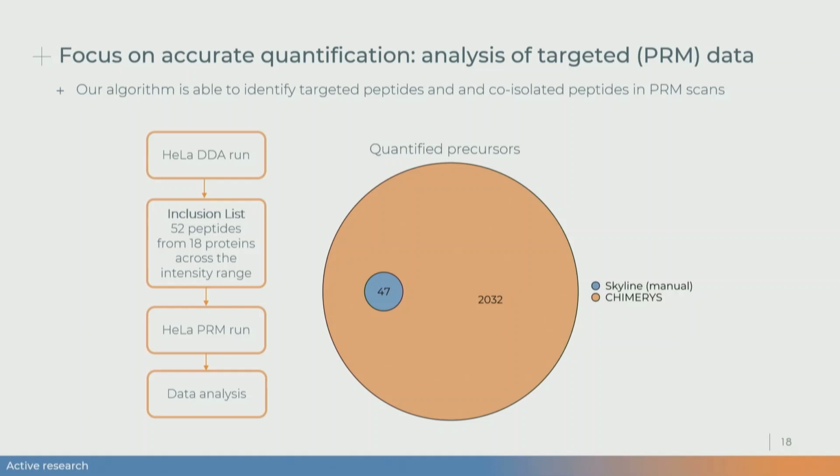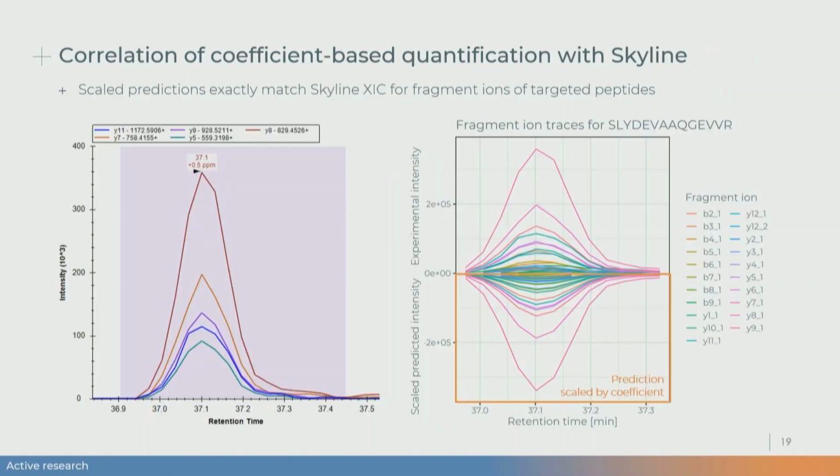But what is really encouraging, in my opinion, is the fact that whatever Skyline quantifies in terms of its XIC-based quantification, we can actually reproduce with Chimeras. So again, here this sort of mirrored XIC plot where the intensities correspond very nicely to one another.